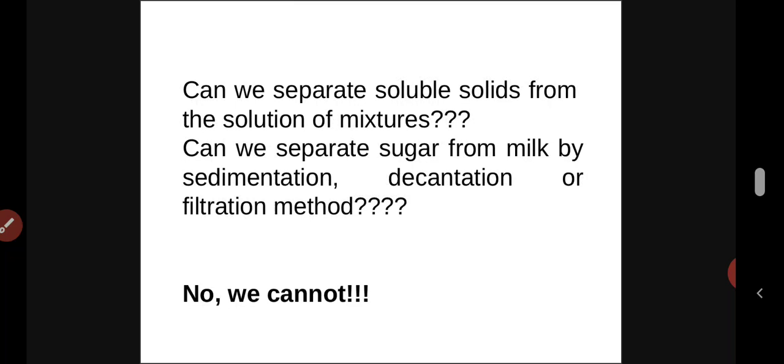But what about soluble solids? Can we separate sugar from milk by these three processes? No, we cannot separate sugar from milk or salt from water with the help of sedimentation, decantation or filtration.